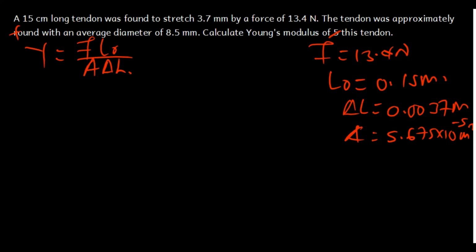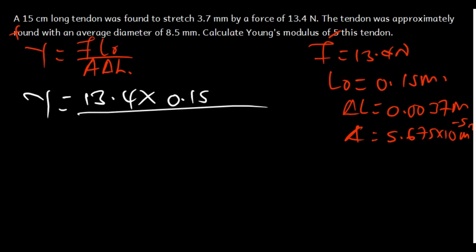So the Young's modulus is going to be the force, 13.4, times the L initial, 0.15, everything divided by the area, 5.675 times 10 raised to the power negative 5, times the change in L, 0.037. So what will be our Young's modulus?